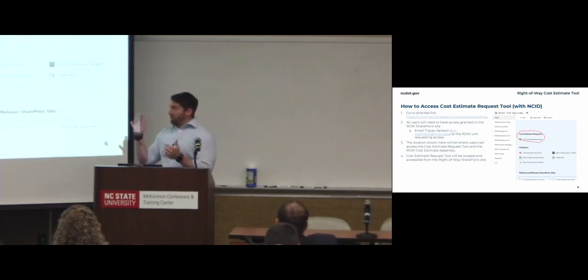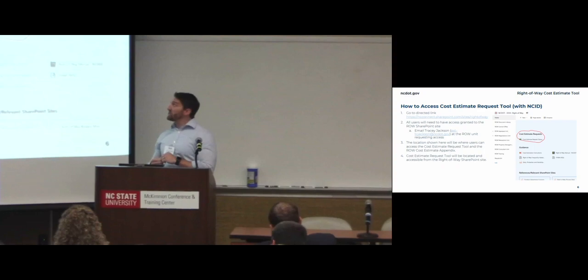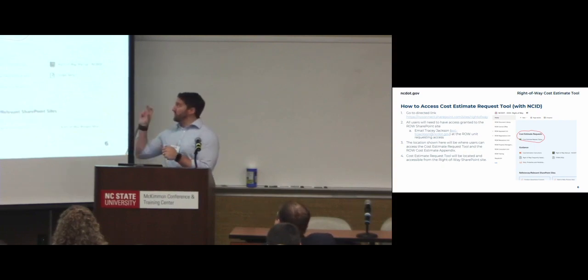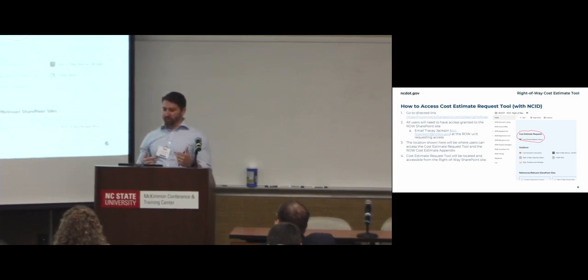There's a lot of sub pages on there right now, a lot of information, and we wanted to pare it down and make it more user-friendly and more easily navigable for anybody coming in. So when you go into that site, you'll see a nice little header for cost estimate requests, and we're not only going to have that spreadsheet, which I just showed you, but we're also going to have a link to the form, and a link to any guidance as well.